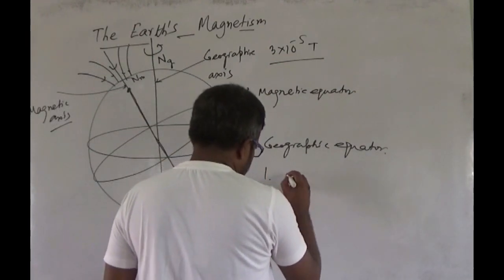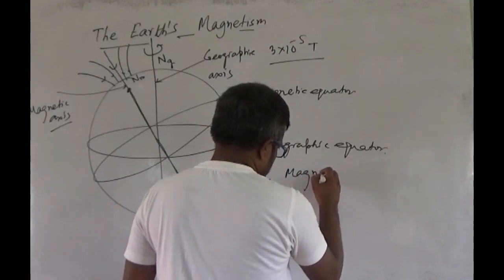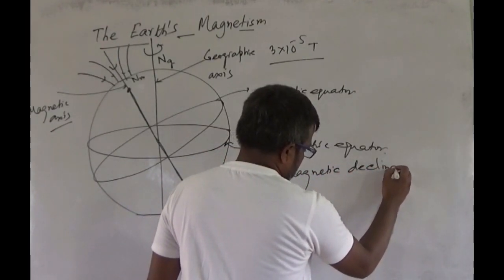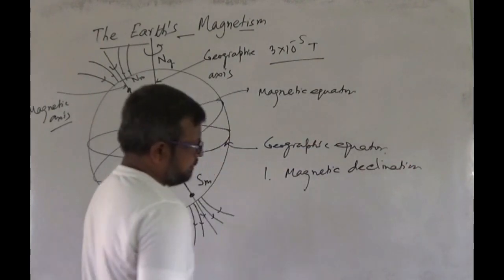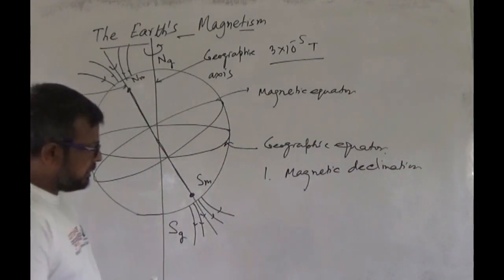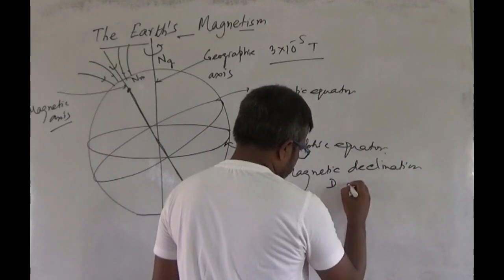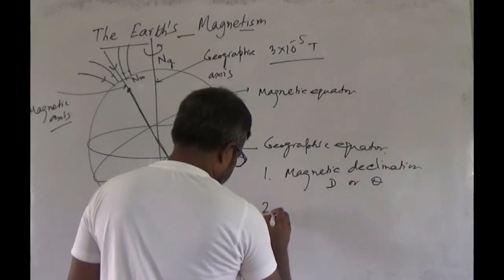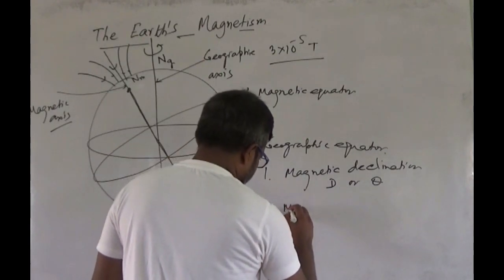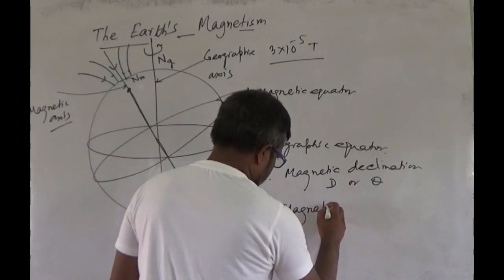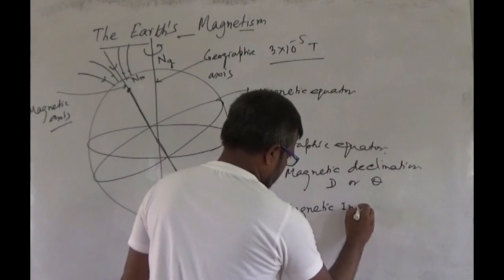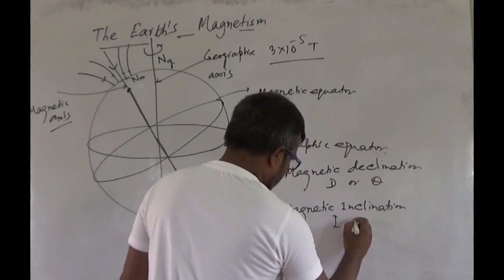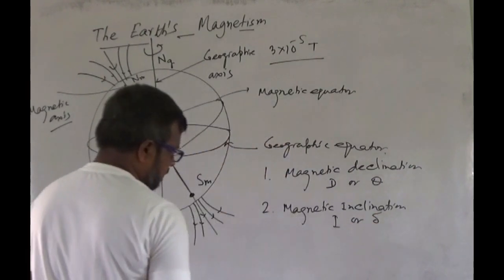Number one, magnetic declination. This is denoted by D or theta. D for declination and theta. Magnetic inclination is denoted by I or delta.